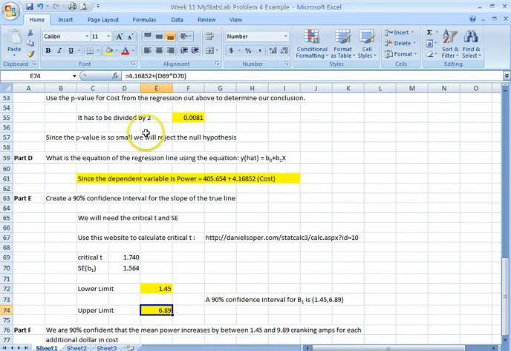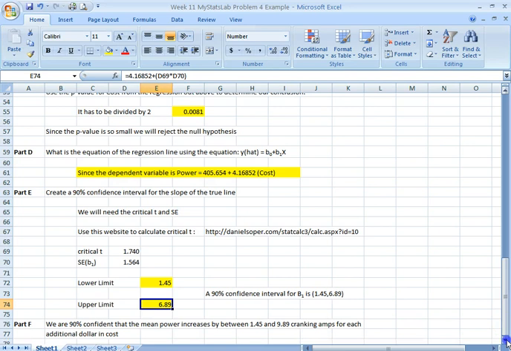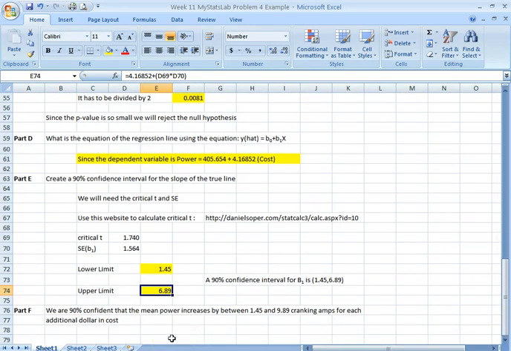Using it again for our upper limit, 4.16852 plus our critical t times our standard error, we get our upper limit at 6.89, and that tells us that our 90% confidence interval is 1.45 to 6.89, which leads us to part F, and we will say we are 90% confident that the mean power increases by between 1.45 and 9.89 cranking amps for each additional dollar in cost.